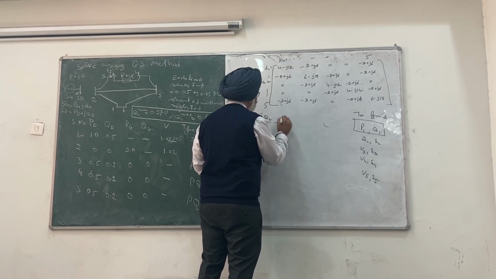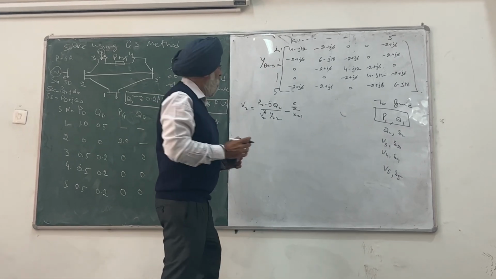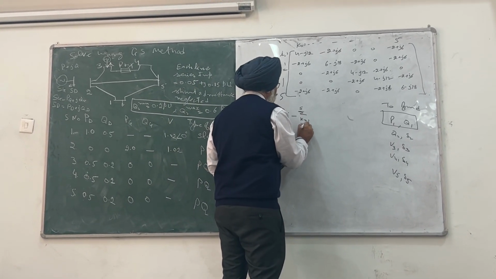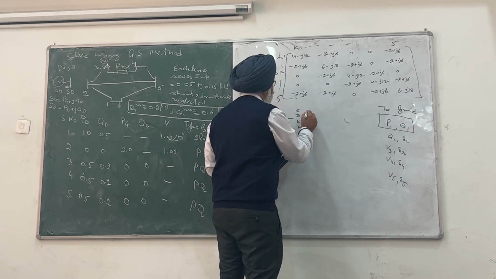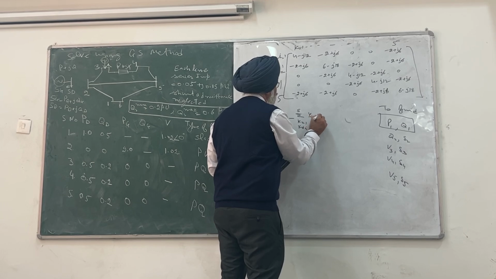k varies from 1 to 5, K is not equal to I. Y_ik.